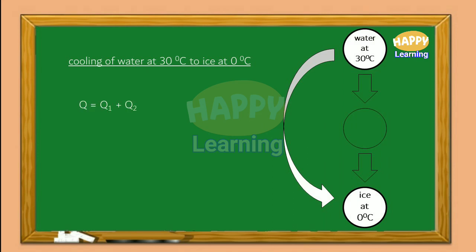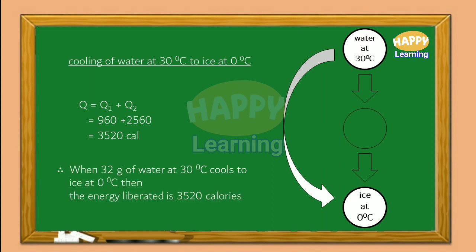Q is equal to Q1 plus Q2, that is equal to 960 plus 2560, that will be equal to 3520. As it is heat energy, the unit will be calories. Therefore, when 32 grams of water at 30 degrees Celsius cools to ice at 0 degrees Celsius, then the energy liberated is 3520 calories.